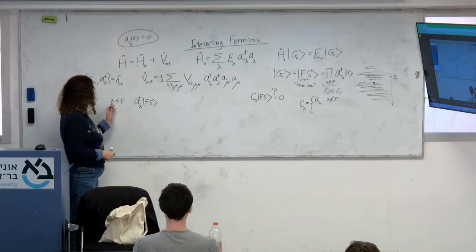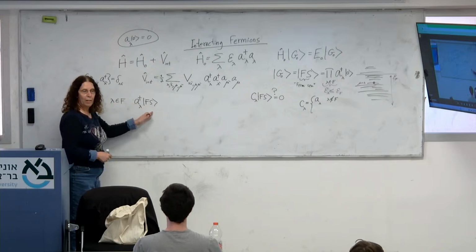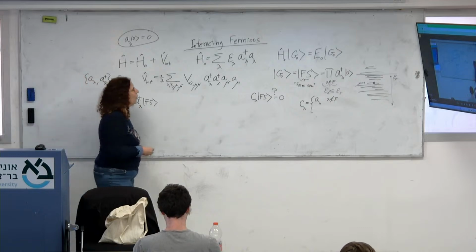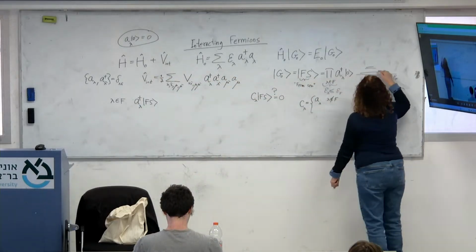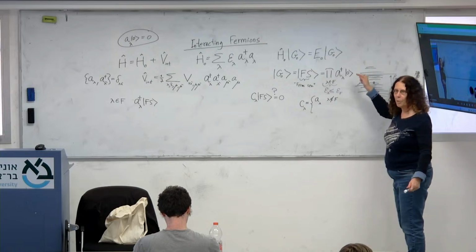Now, if lambda does not belong to F, what do I get when I apply it? I just add one more fermion. Okay, so that would give me another occupied state outside of the phase.